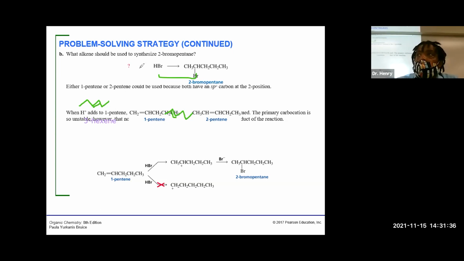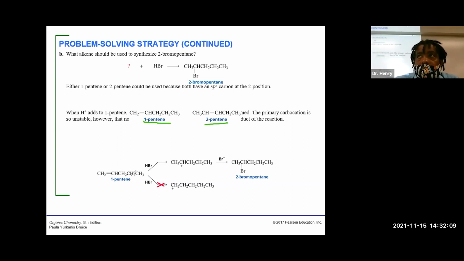So what alkene should be used to synthesize 2-bromopentane? In that case, the options are going to be 1-pentene, sorry, and then 2-pentene.